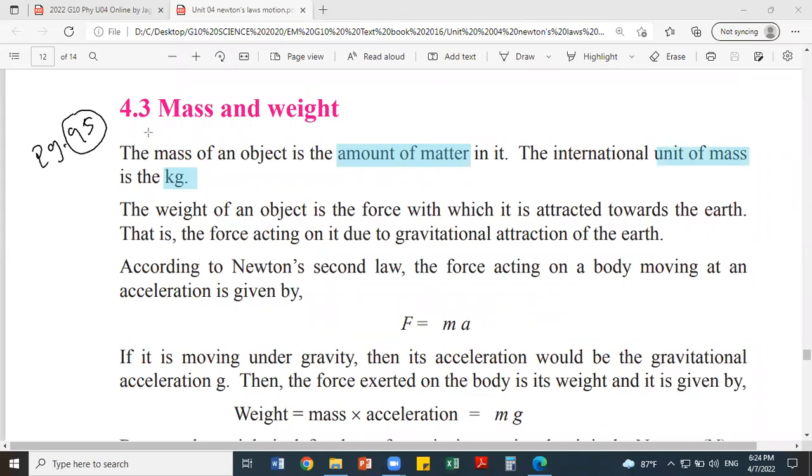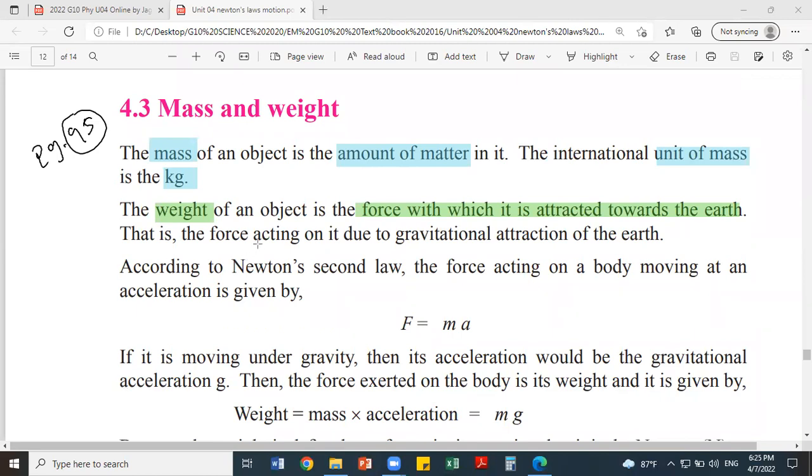Weight is the force with which the object is attracted towards the earth, and it is measured in Newton.